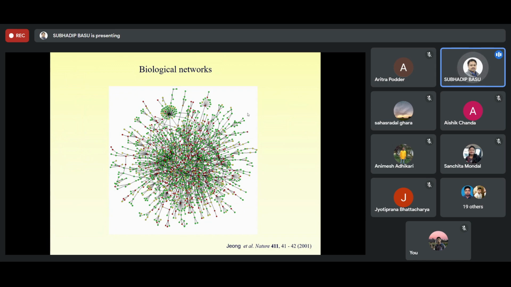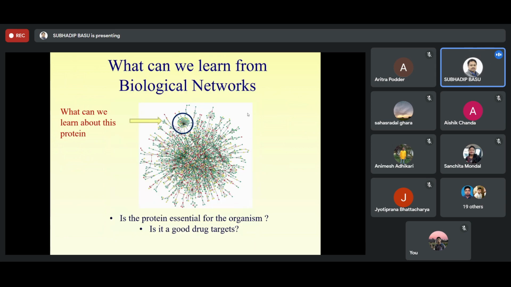How about neighborhood analysis? So you can do everything once you represent the network in the form of a graph. So you have systems biology, and you can form biological networks and find what can be learned from them.